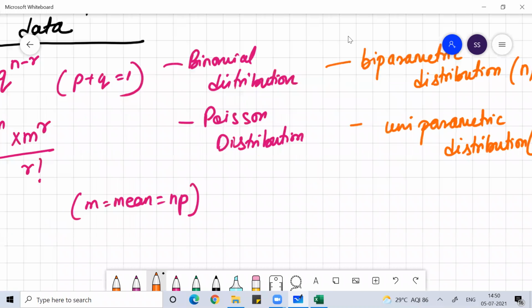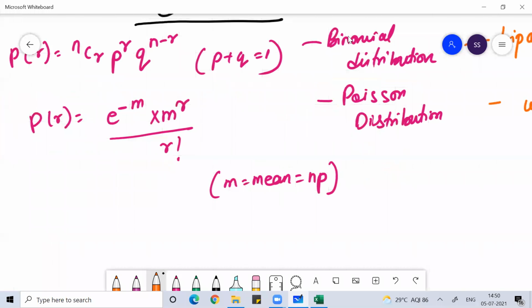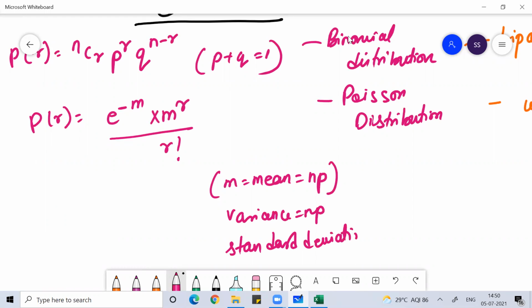In the case of a uniparametric distribution like Poisson distribution, the mean and variance are both equal to n into p, while the standard deviation is equal to the square root of n into p.